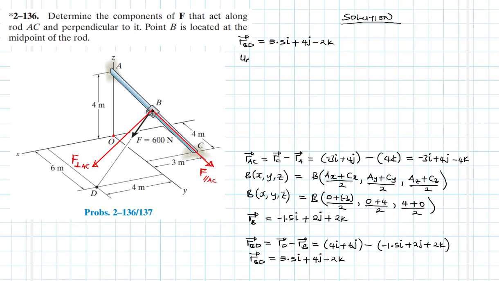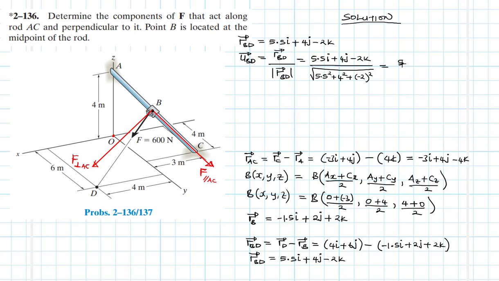So the unit vector BD is going to be equal to RBD divided by the magnitude of RBD. This is therefore going to be equal to 5.5i plus 4j minus 2k, divided by the square root, which is the magnitude of RBD, of 5.5 squared plus 4 squared plus minus 2 squared.